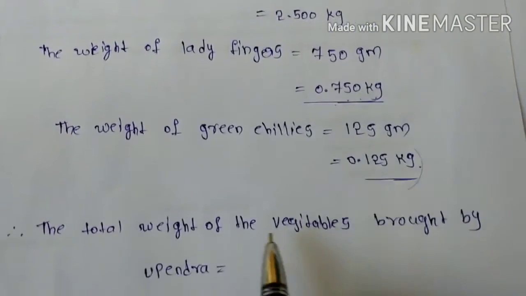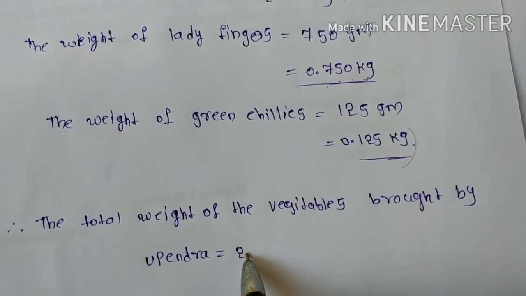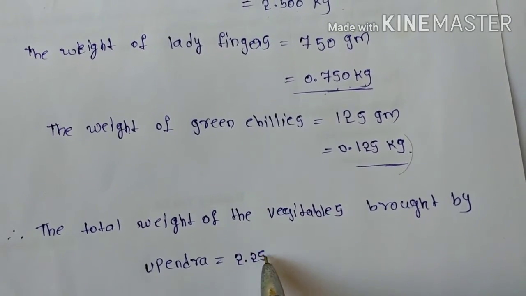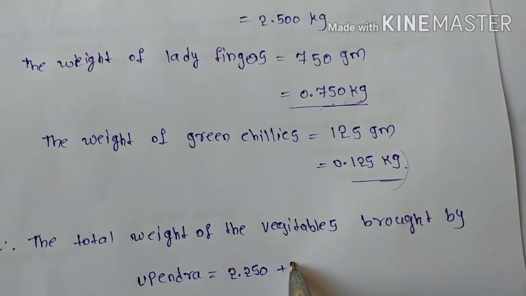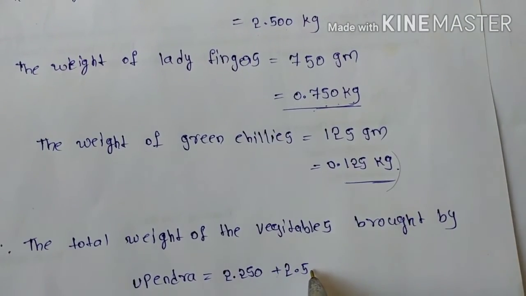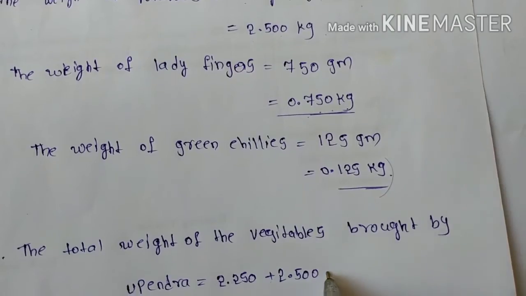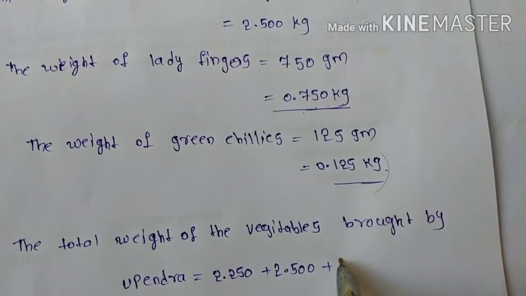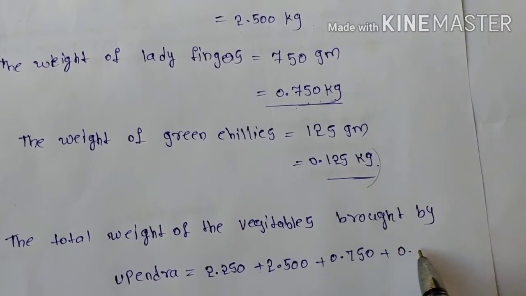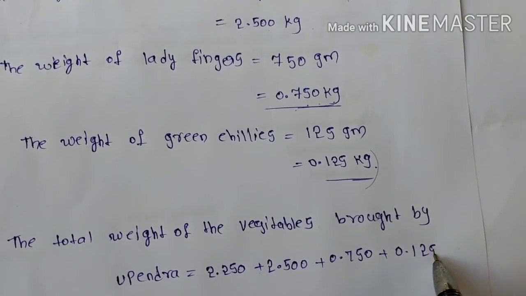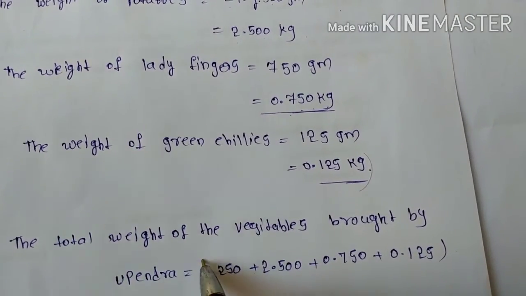See here, 2.250 plus 2.500 plus 0.750 plus 0.125. These are all in kilograms.